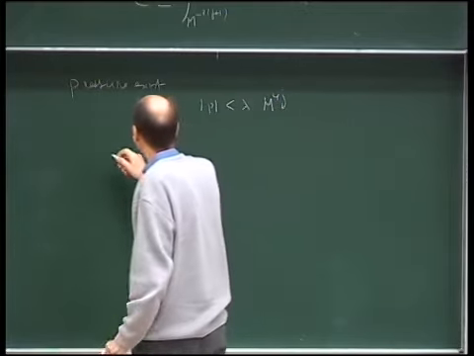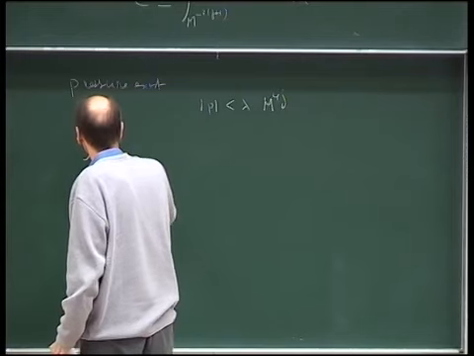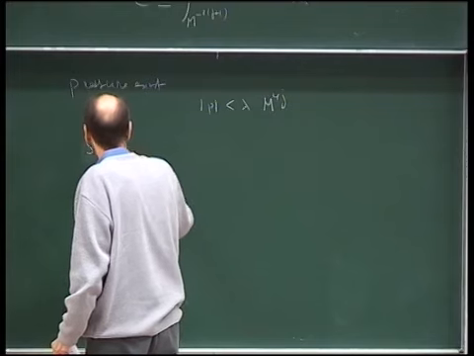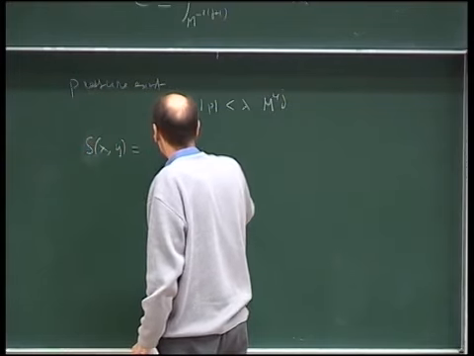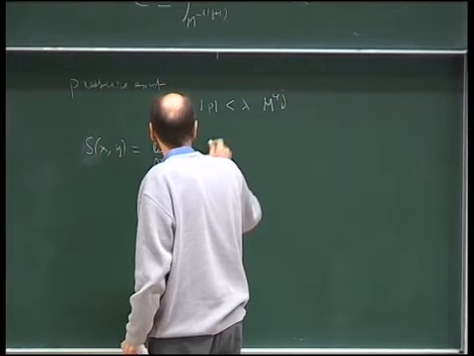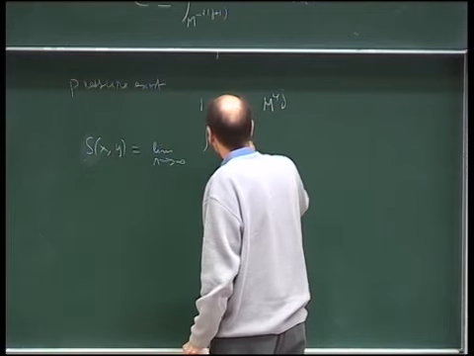In the same way, the two-point function, f of s, x and y, is the limit as lambda tends to infinity of the integral of phi of x, phi of y.